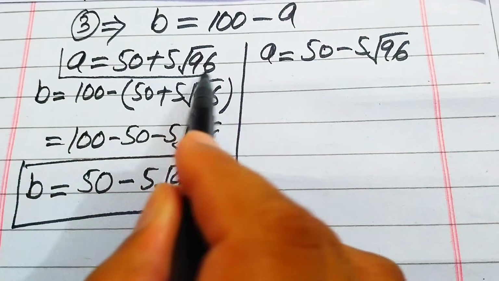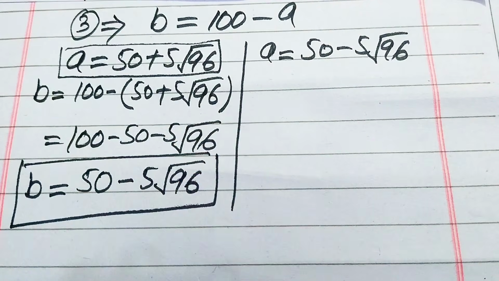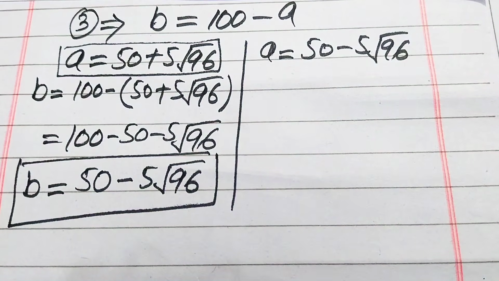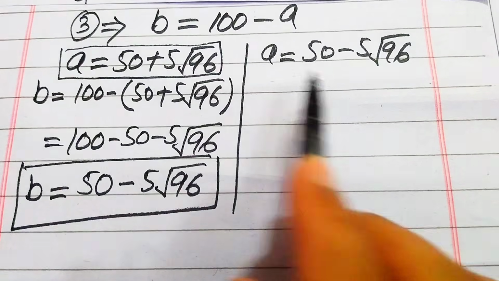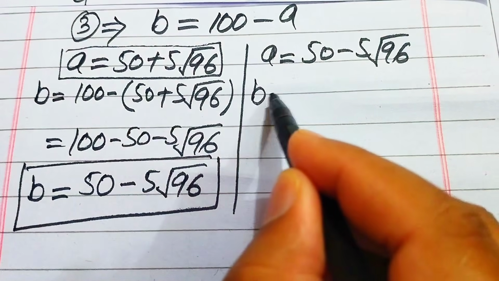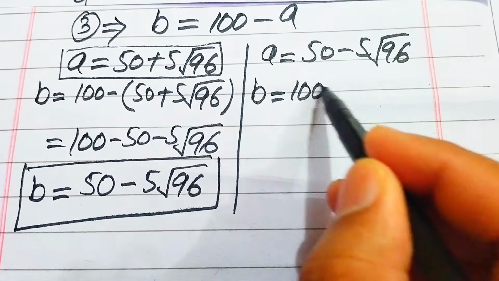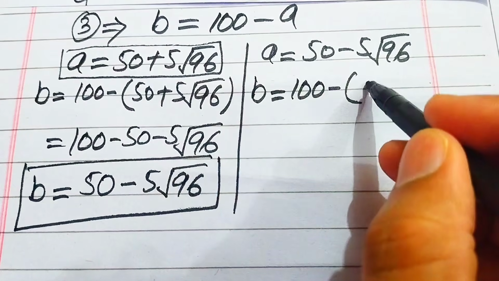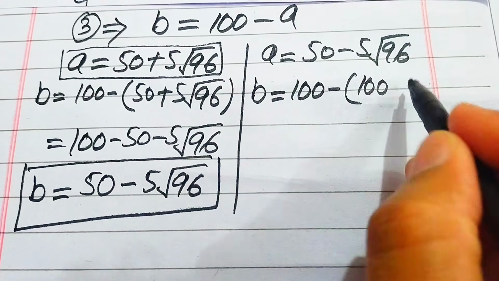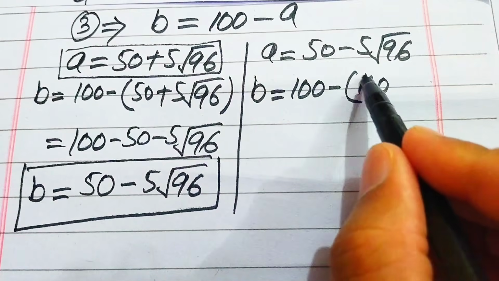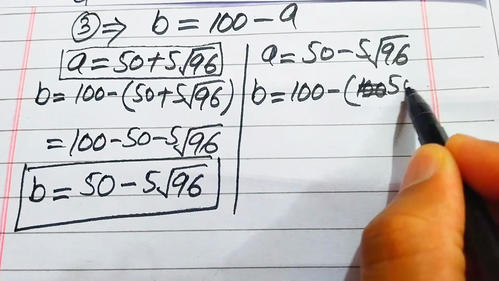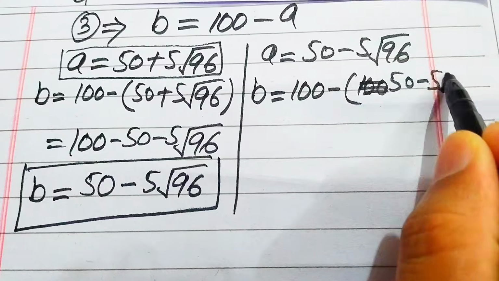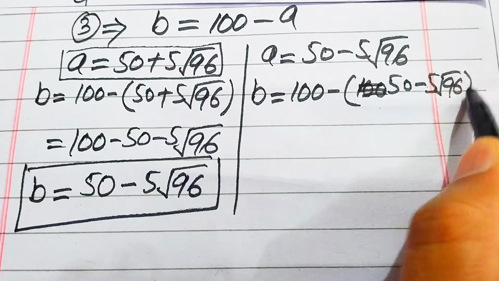This is the value of b corresponding to the value of a being this one. In the same pattern we get the other value of b. Here we use this other value of a and we get b equals 100 minus a. The value of a in this case is 50 minus 5 times the square root of 96.